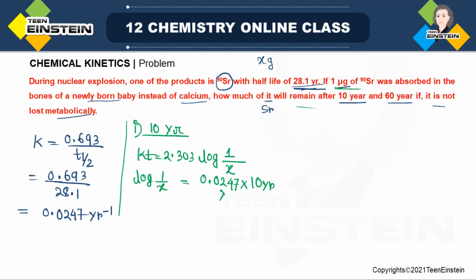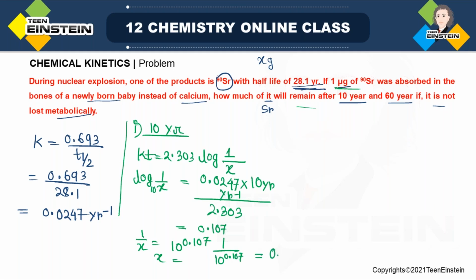This is year and this is year inverse, divided by 2.303, and this value is equal to 0.107. Now the log base is 10, so 1 by x will be equal to 10 to the power 0.107. That means x is equal to 1 divided by 10 to the power 0.107. After calculation, you will see the value is 0.782. Obviously the unit will be microgram.